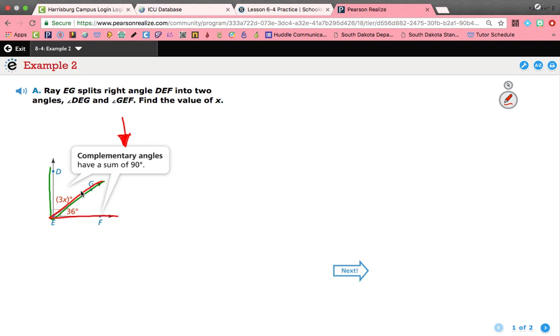Well, we would set 3x plus 36, so that's the two angles, and the two angles added together equal 90 degrees. So we would subtract 36, minus 36, we get 3x equals 54.